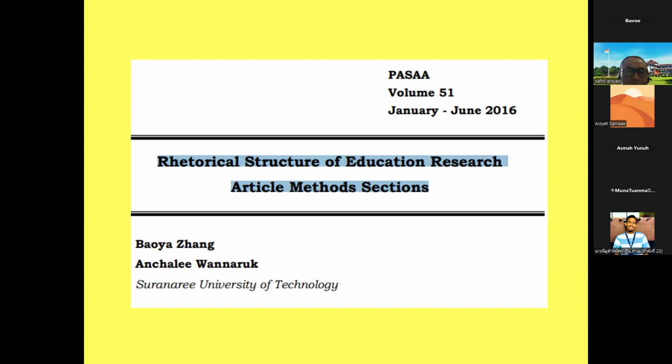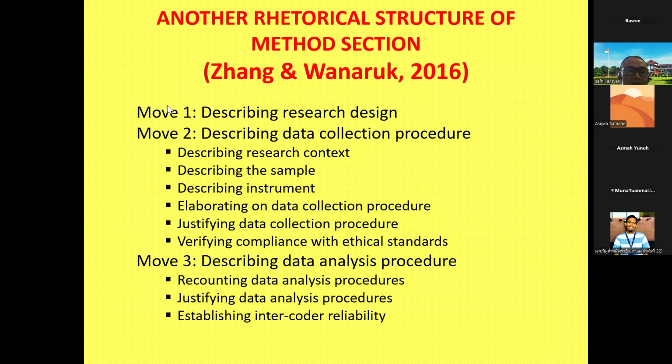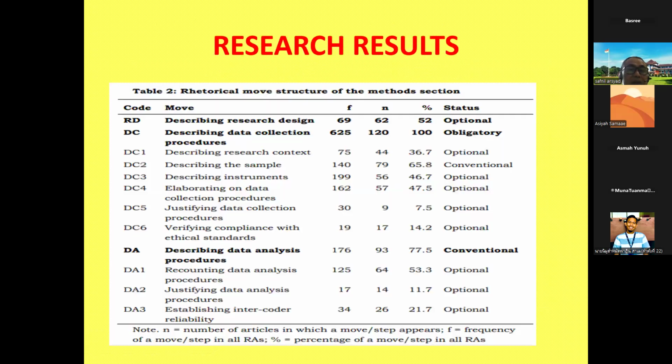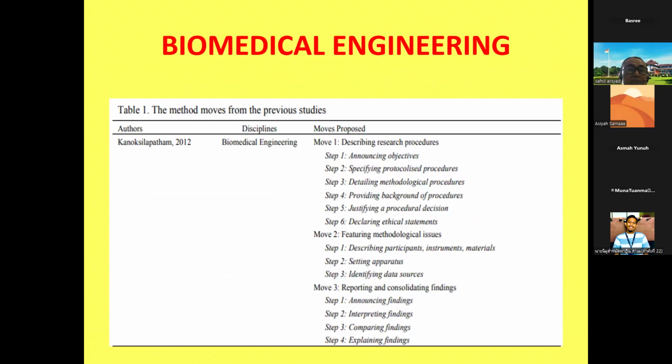And this is from Zhang and Wanaruk, also in applied linguistics, with three moves. And then this is from Kanoksilapatam, also with three moves, but a different number of steps.